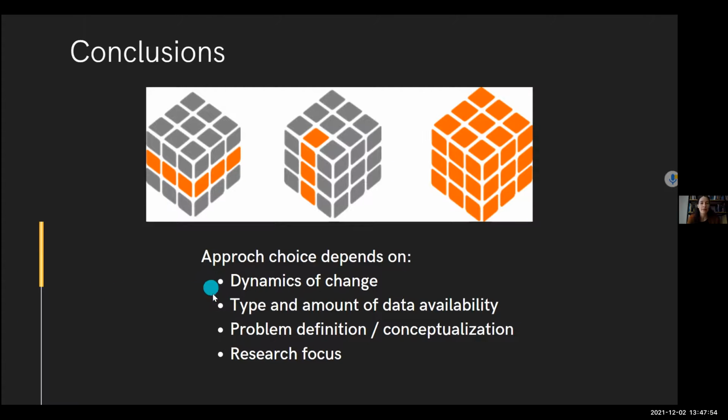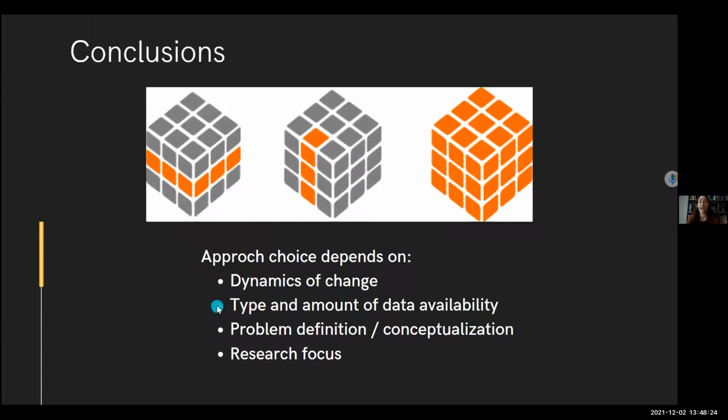For instance, the dynamics of the change. If your variable changes a lot over time, for sure you will need to think about temporal analysis. If it doesn't change too much over time, but it has a very variable spatial distribution, we will choose spatial. Or if it changes over time and space, you will choose the spatial temporal dimension.